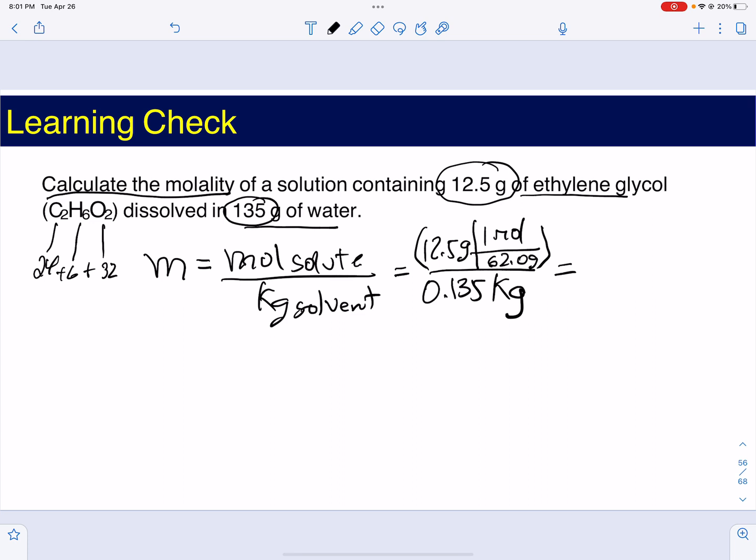So when we do that calculation, the molality in this particular case is going to be 12.5 divided by 62, divided by 0.135 kilograms. So the molality is going to be 1.49 moles per kilogram of solvent.